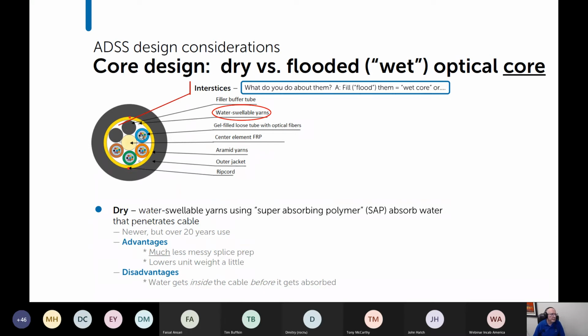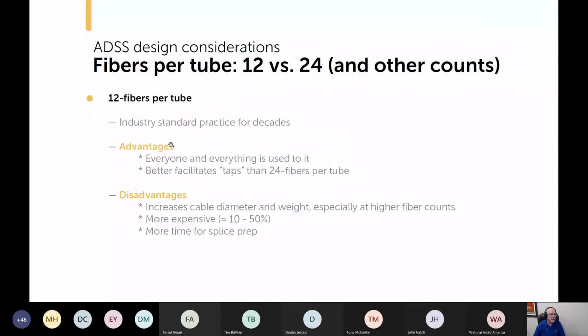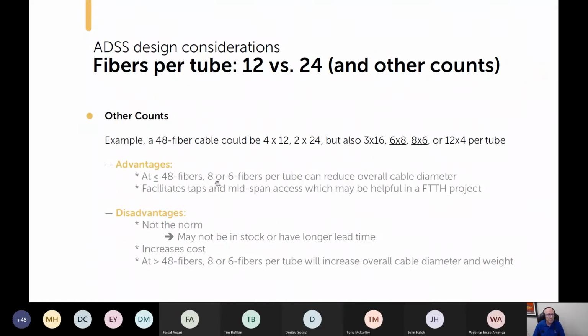So if I put only 6 or 8 fibers per tube, I could use a smaller tube, and I would use all 6 positions here, and therefore I could reduce the diameter. So you can actually reduce your diameter at a relatively low fiber count.